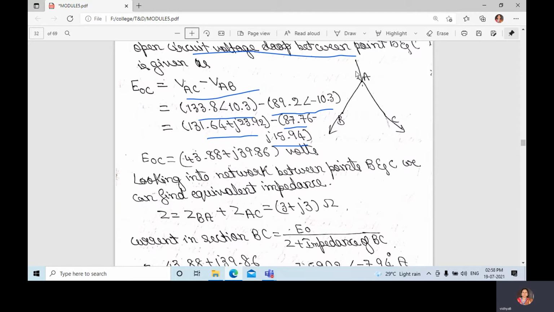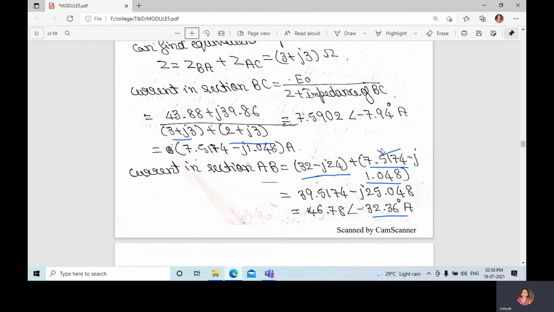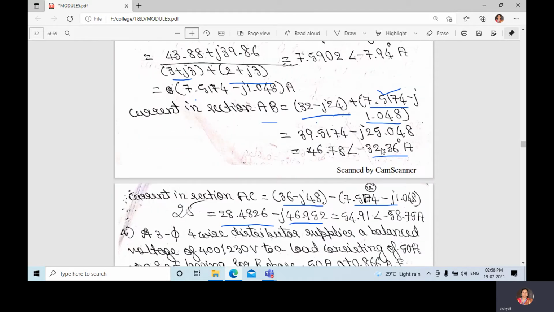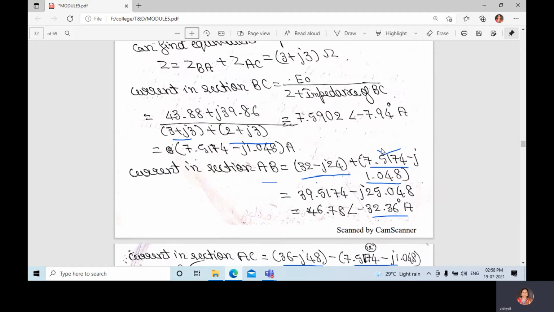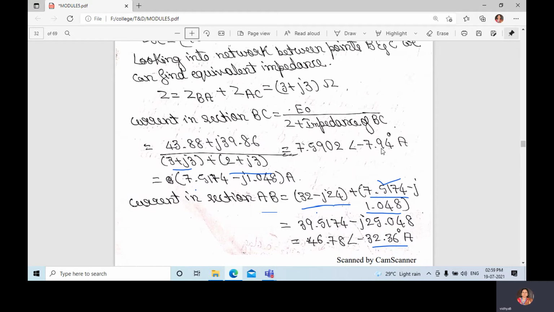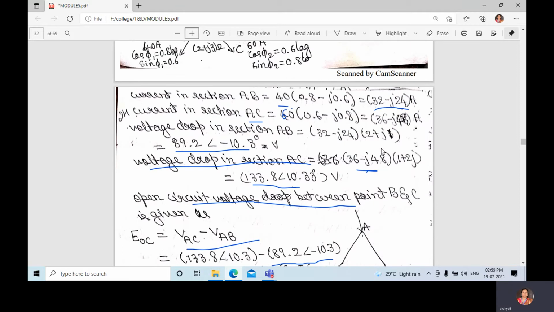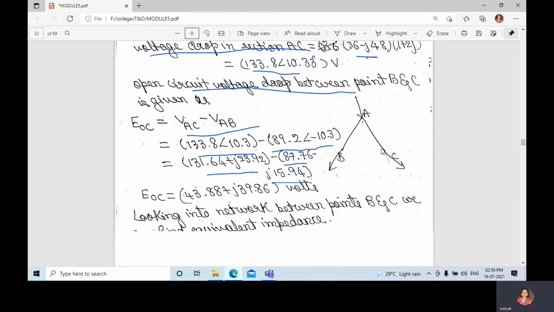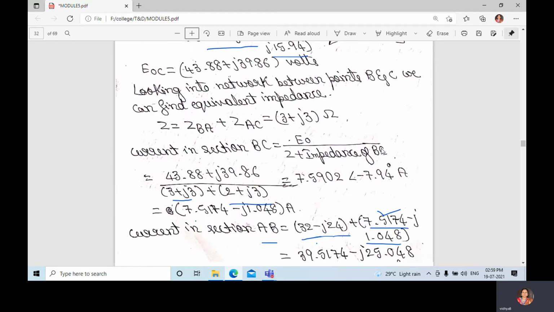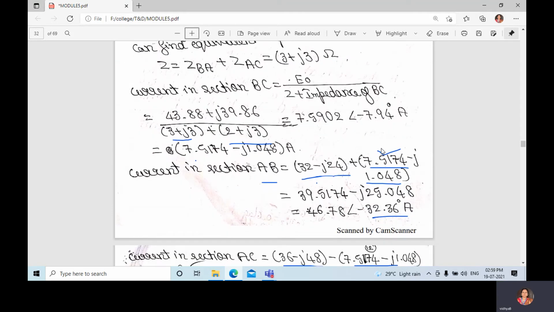And if it is from C to A, the current in section AB we will add. Because two currents will be flowing, for that purpose we add both currents, that is AB and the current in section BC also.